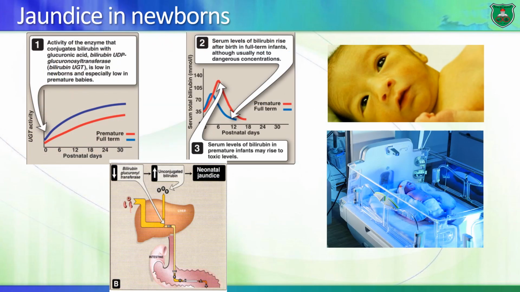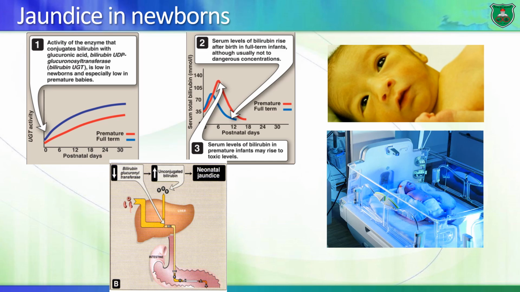Now, jaundice can also affect infants. The thing is, the glucuronosyl transferase enzyme that conjugates bilirubin with glucuronides is not active at birth. Now, its activity increases with time. So within about 2 weeks, the liver would be able to efficiently conjugate bilirubin with glucuronides.